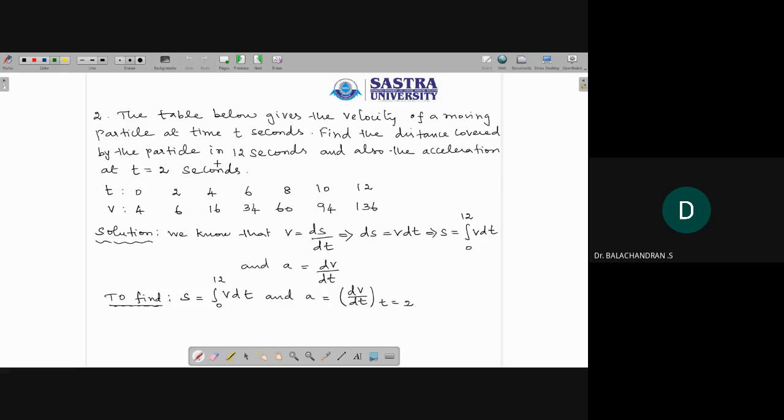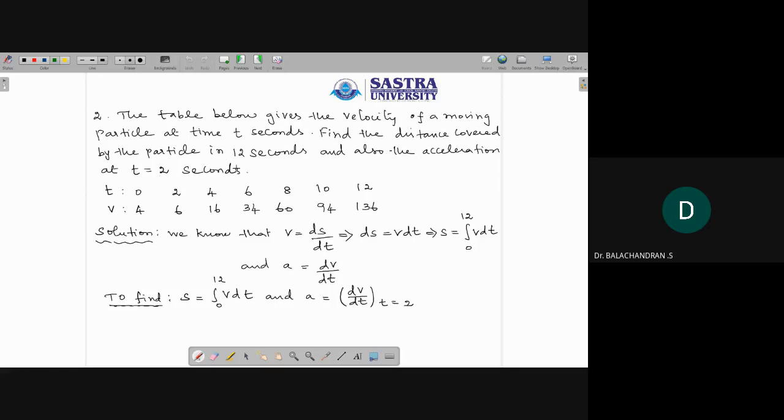Again I'll repeat the question: the table below gives the velocity of a moving particle at time t seconds. Velocity is given at time t. We need to find the distance covered by the particle in 12 seconds, that is s.